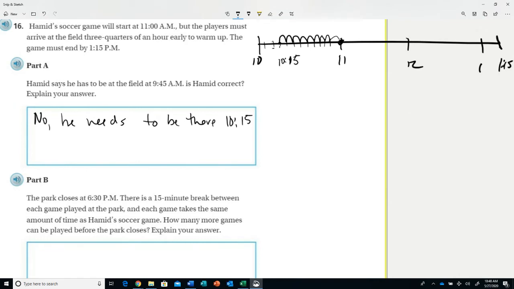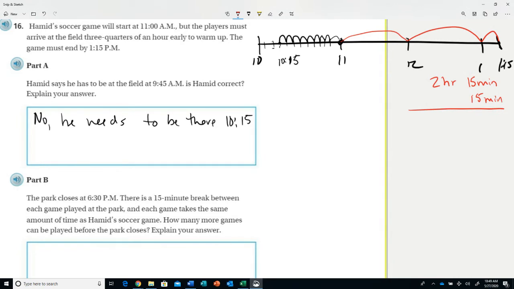So, the reason they gave us that one up to 1:15 was because that tells us how long the games can be played. So here's 1 hour, 2 hours, and 15 minutes. So every game can take no longer than 2 hours, 15 minutes. And there is a 15-minute break in between each game.